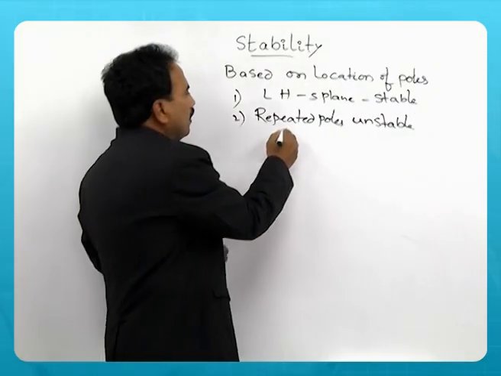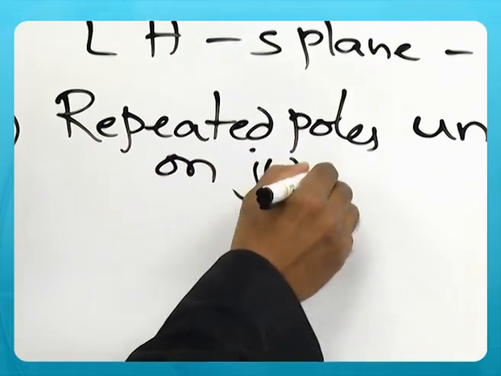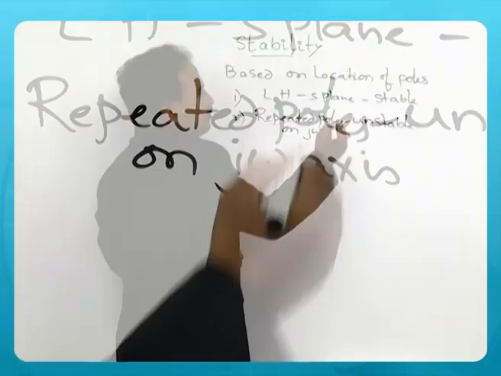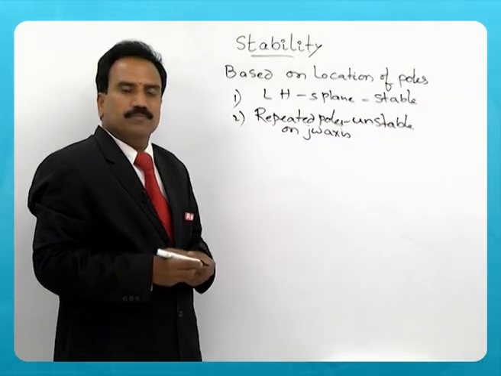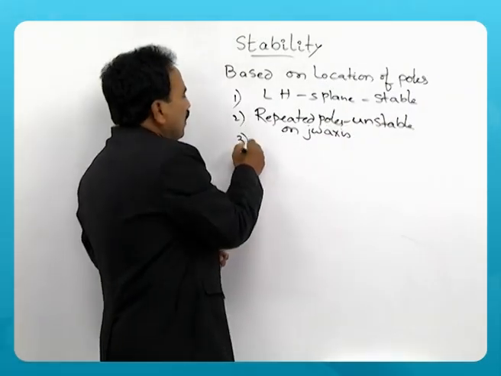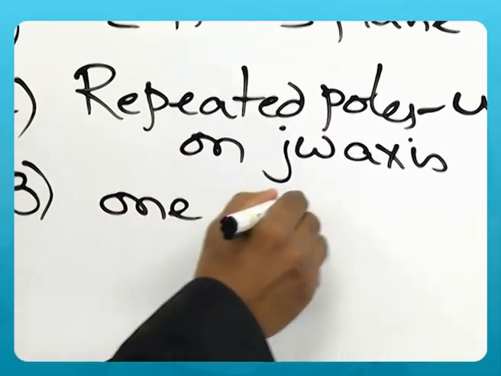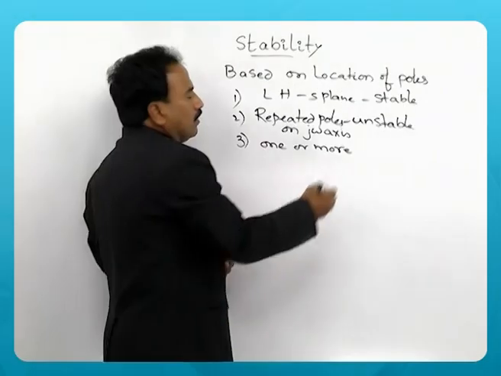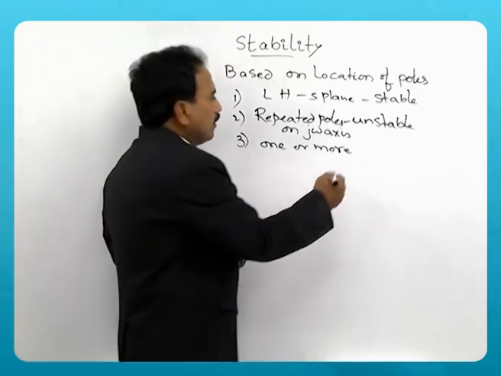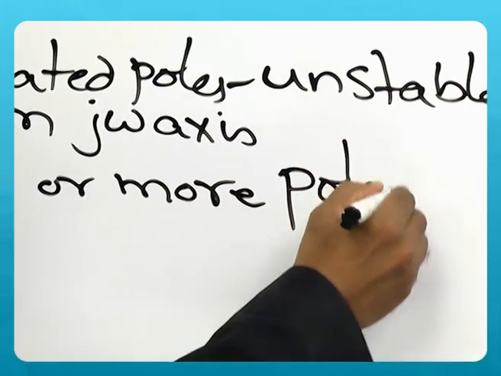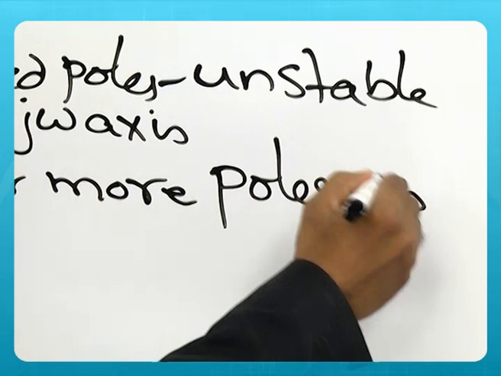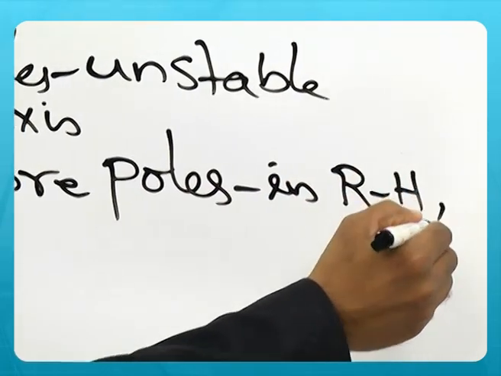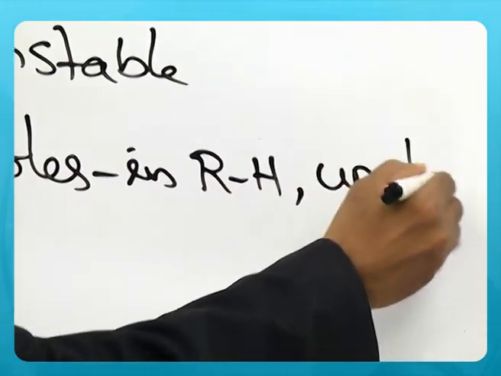Repeated poles on the j omega axis, we say that the system is unstable. If one or more poles lie in the right half of the S plane, the system is again unstable.